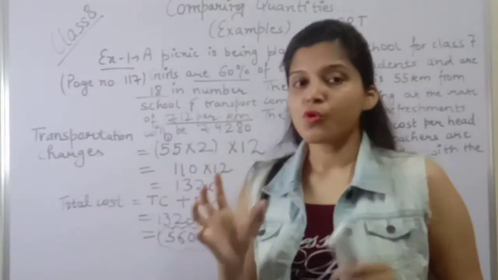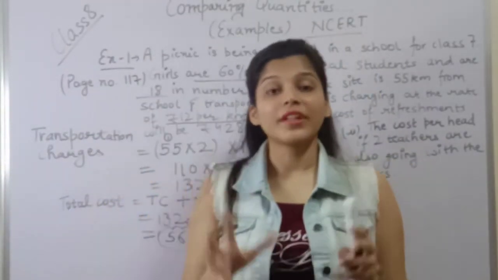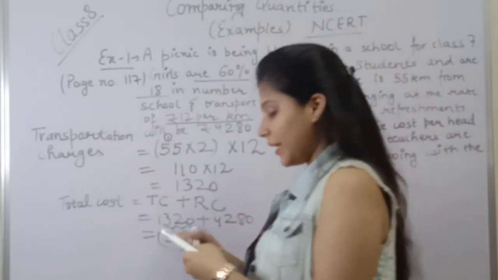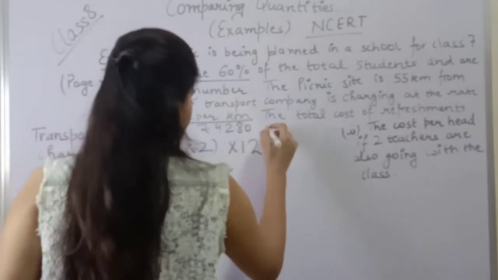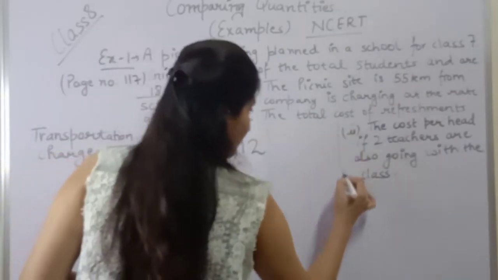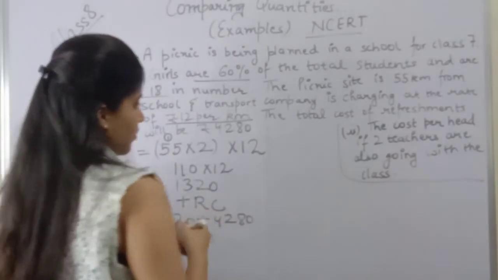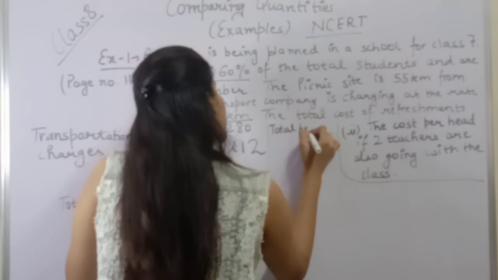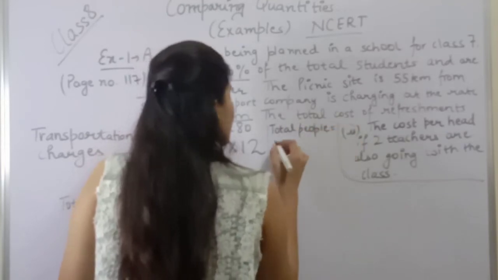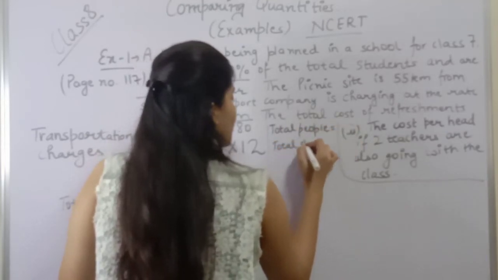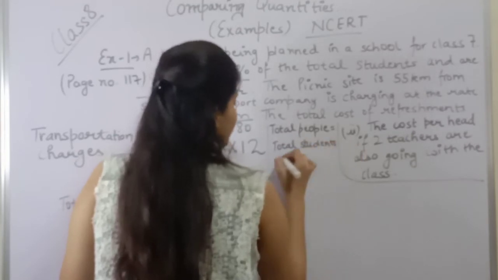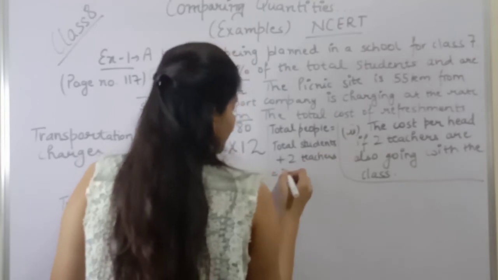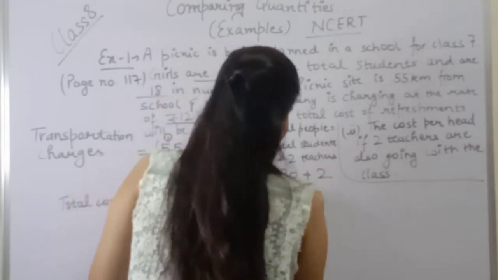Now हमारे पास total cost आ गई. Now we want total number of people going on the trip. So अब हमें पता है total number of students हैं total students plus 2 teachers. Total number of students we have 30 plus 2 teachers 32.